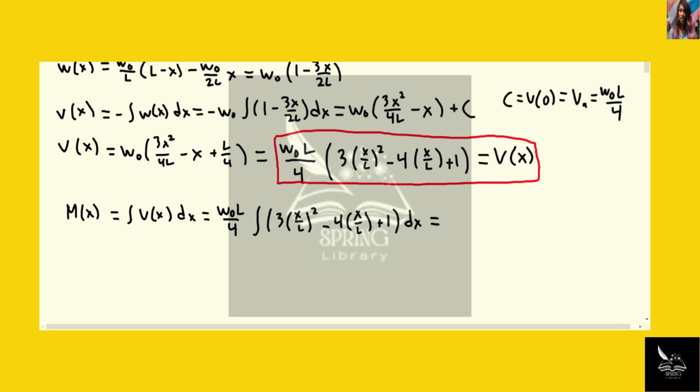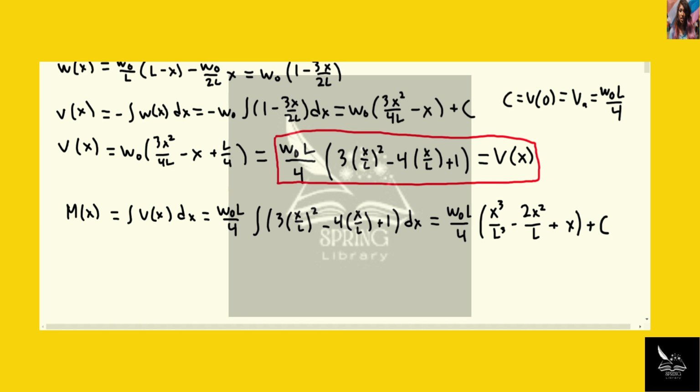And here our result will be W0L over 4 times x cubed over L cubed minus 2x squared over L plus x. And again, we'll have our integration constant.